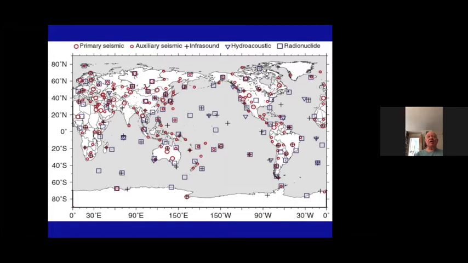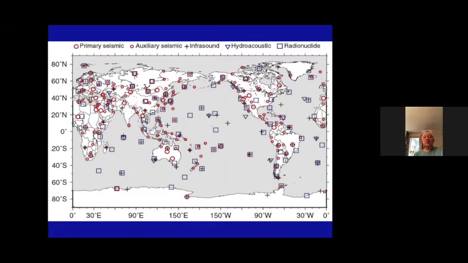So the countries of the world that have signed this treaty have all agreed to a huge number of stations. These stations send their recordings almost immediately to a common place in Vienna, from which they are dispersed to those countries that want them. And the US, for example, gets all the data, as I believe Russia and China do as well. So the US has gained a lot here.